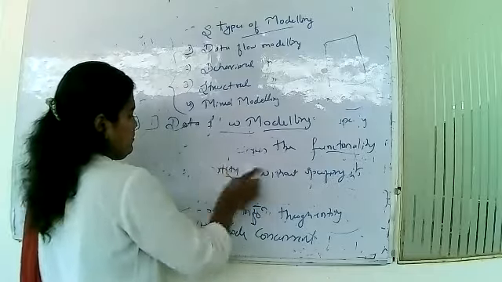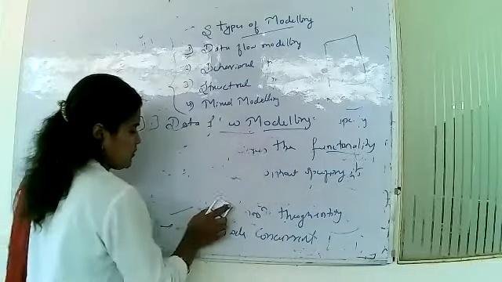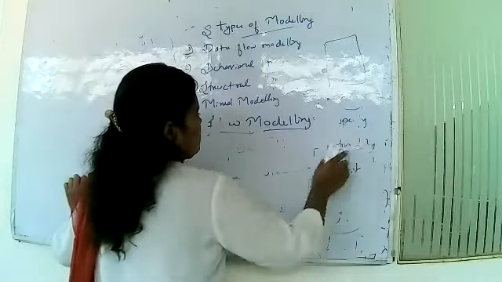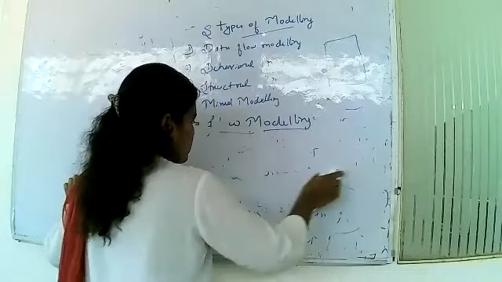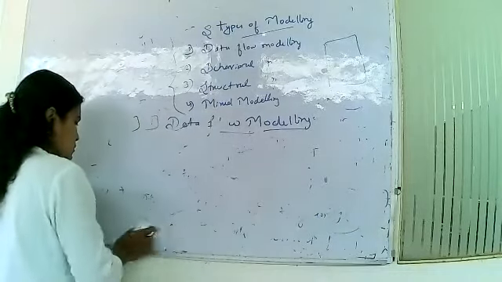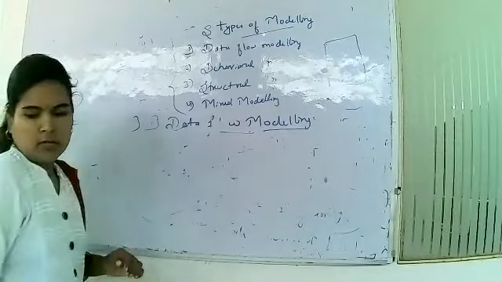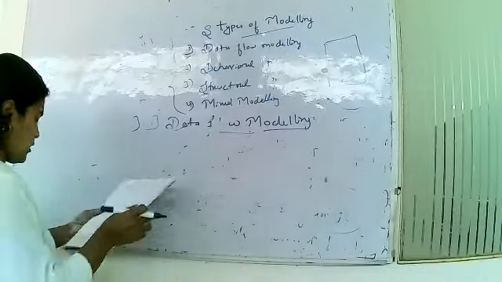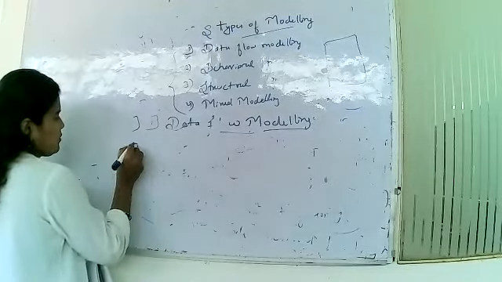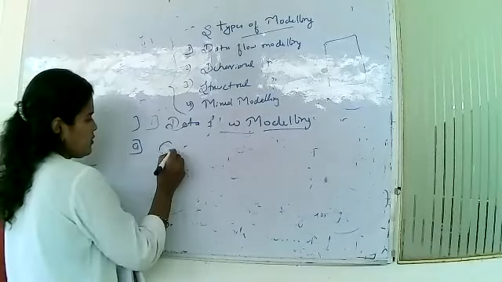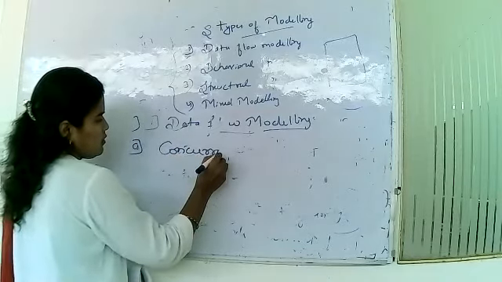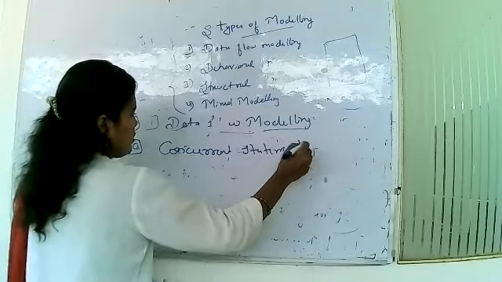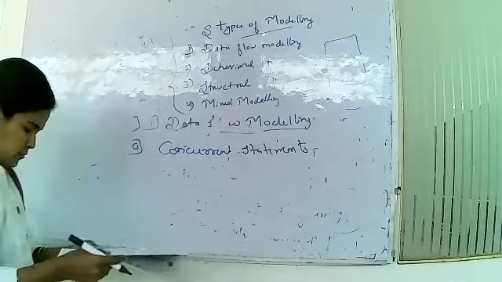First one is data flow modeling. In data flow modeling, the first one is concurrent statements.